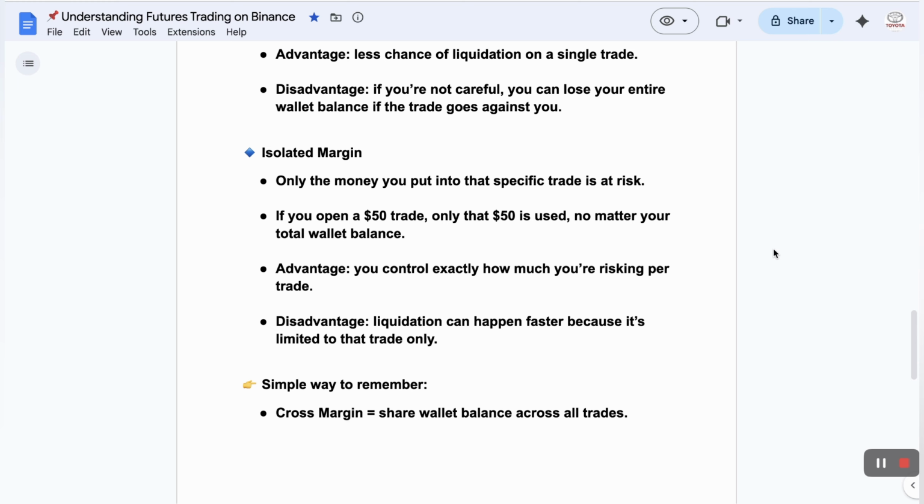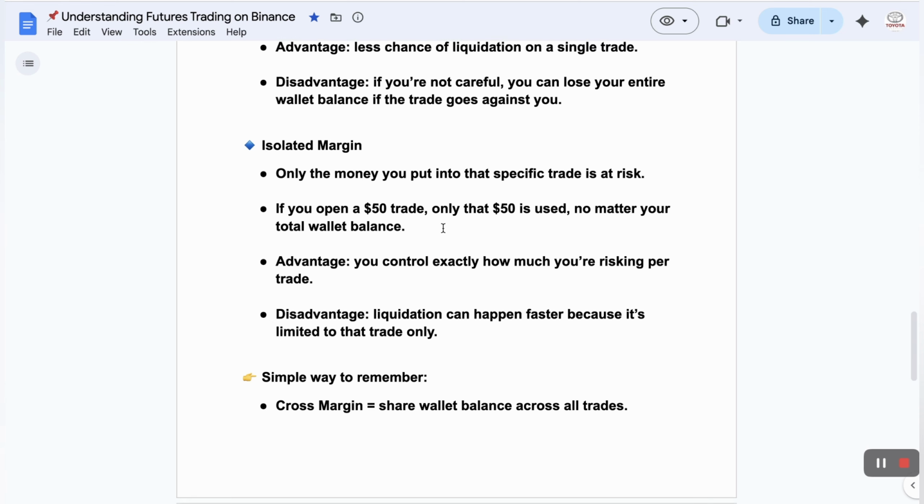Let's say I have $1,000 on my futures wallet. Then if I open a $50 trade, only that $50 is used, no matter your total wallet balance. Hope you understand me right now. All right, total balance, wallet balance.